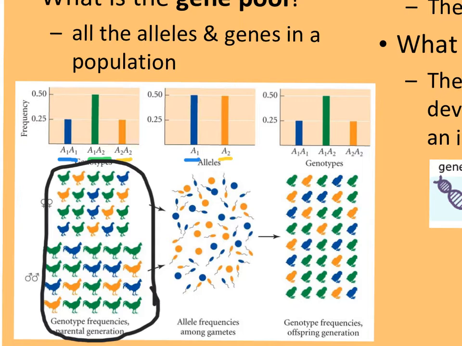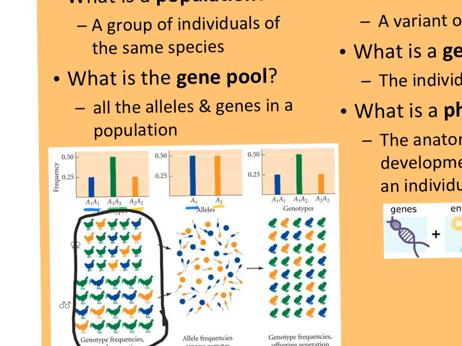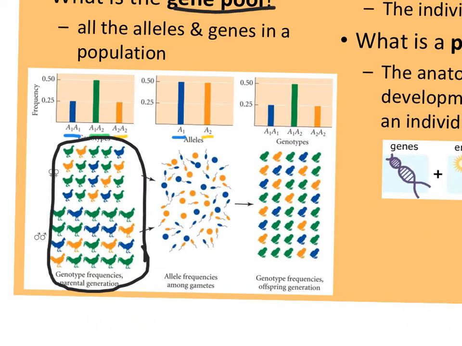Now, the gene pool, like I talked about a little earlier up here. All these chickens make gametes. The gametes are haploid. If it's a male chicken, it gives you sperm. A female chicken gives you eggs.